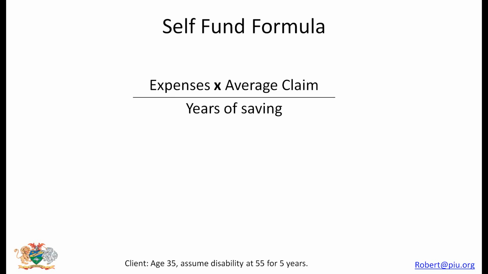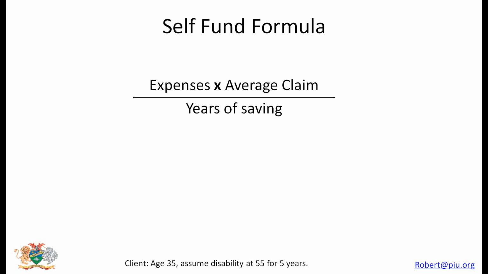To really break down the self-fund formula, and this is something I encourage everyone to take note of and to have ready for any of your client meetings, you want to look at their monthly expenses. We're going to multiply that by the average claim period, and then divide it by how many years they might have to save that money.